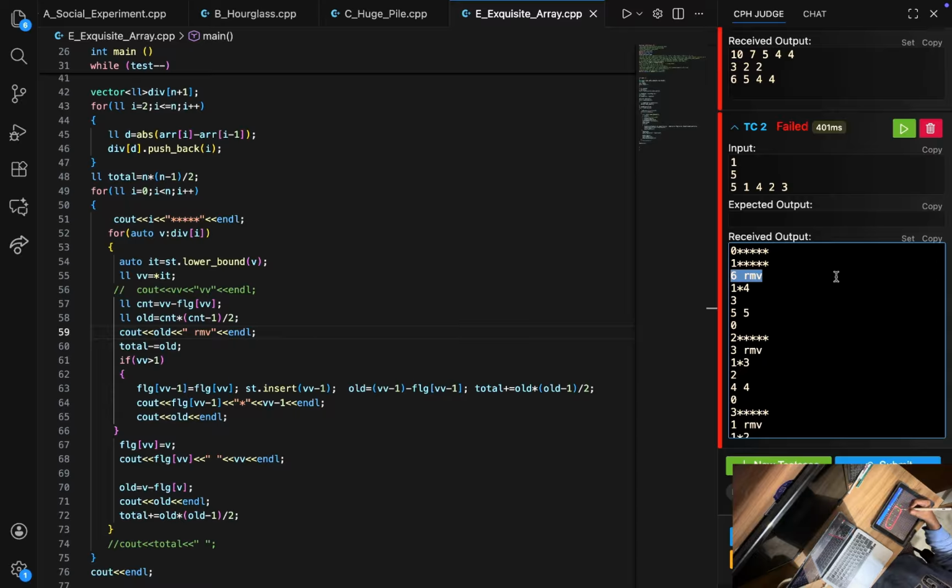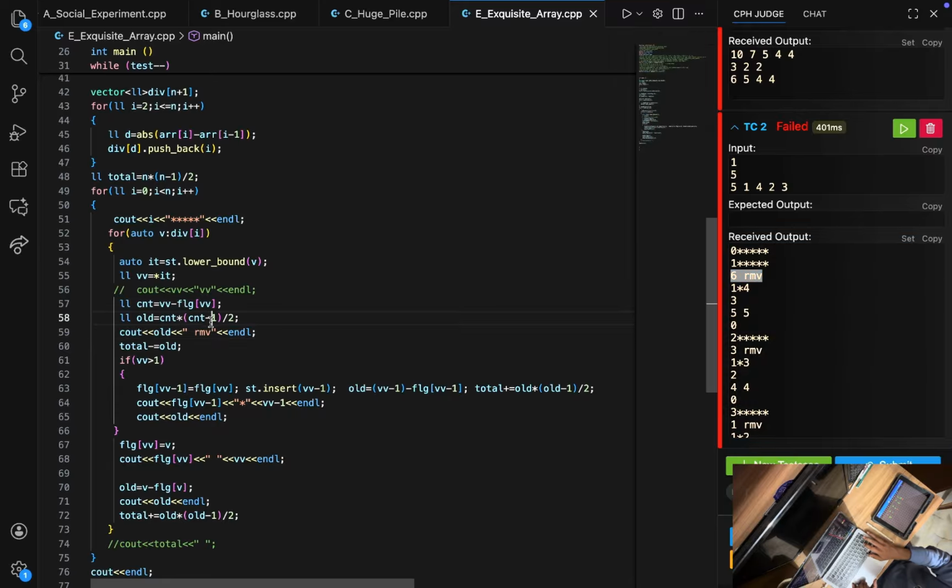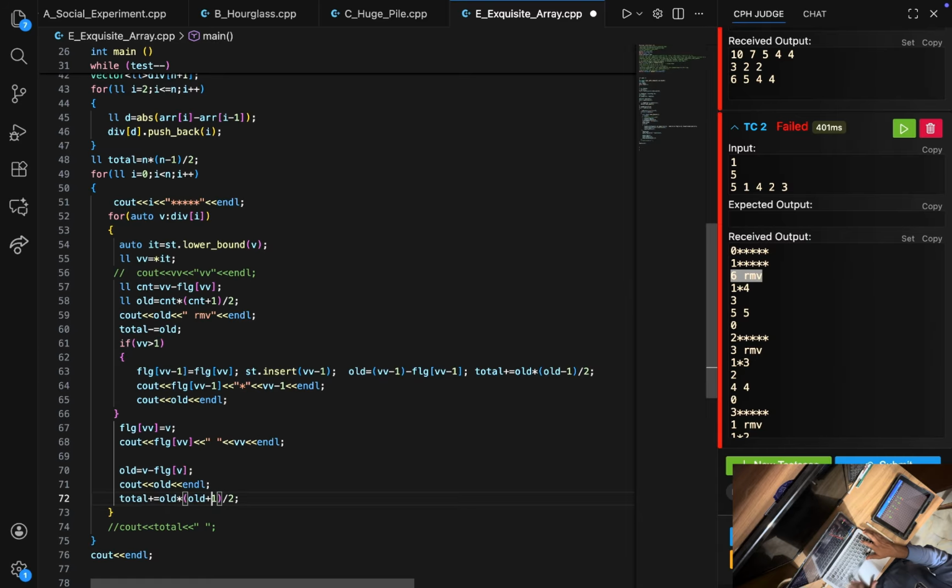Old is the count. It should be plus 1 actually.